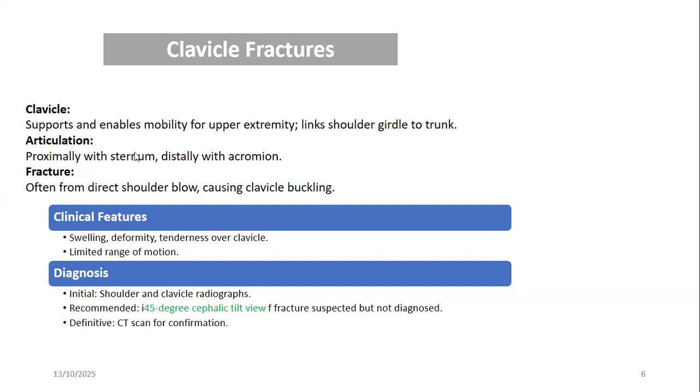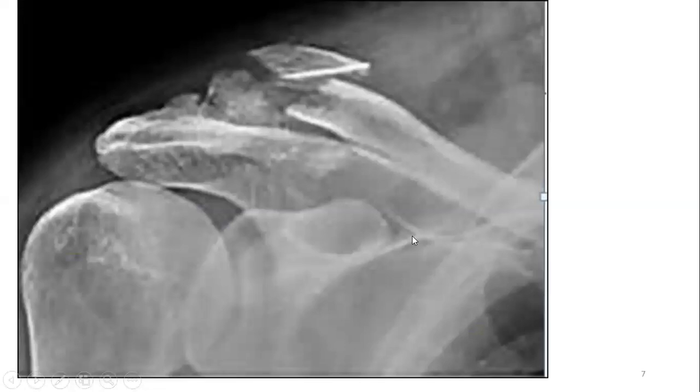First is clavicle fractures. What type of clavicle fracture can you see in this image? Distal third clavicle fracture.